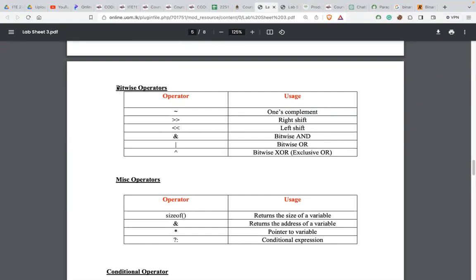Okay, let's move to the bitwise operator. The first one is this sign we call ones complement. Now you may get confused about what it means by ones complement. Before going to this bitwise operator, I want to teach you something: how is a minus value saved in the C programming language?